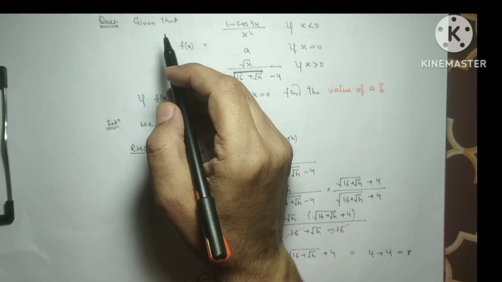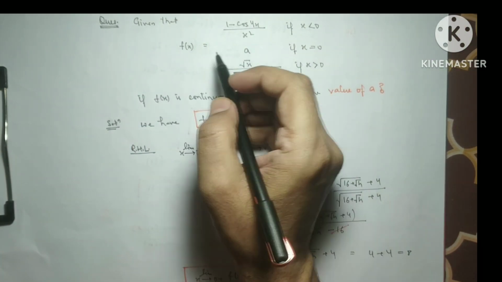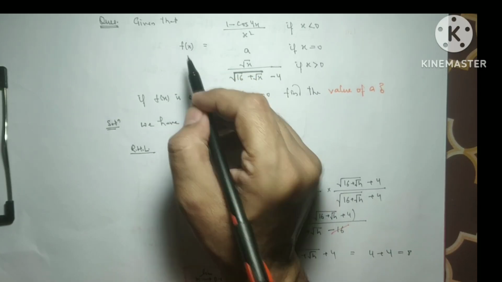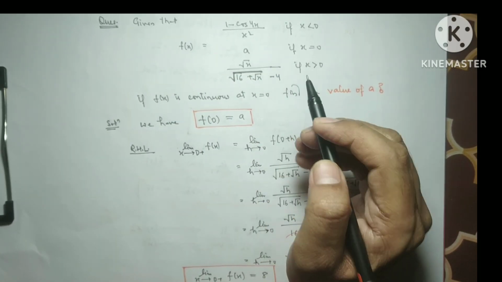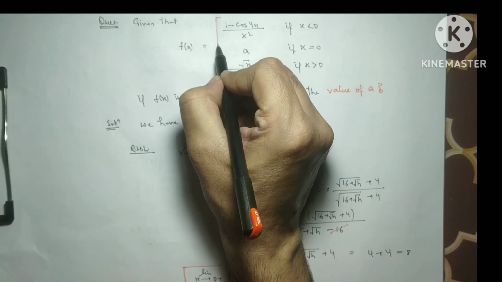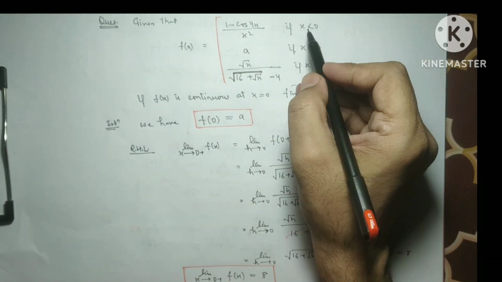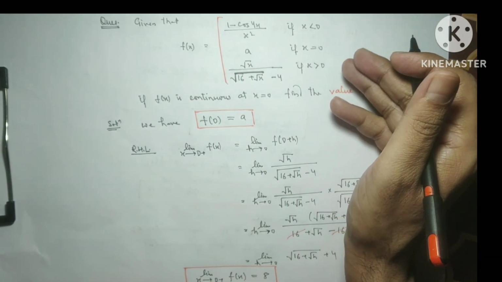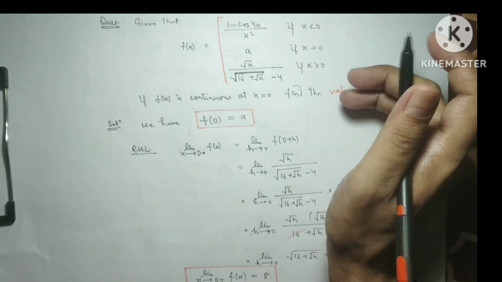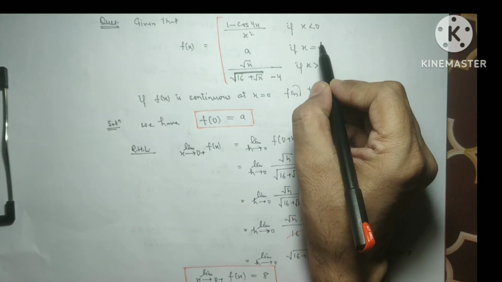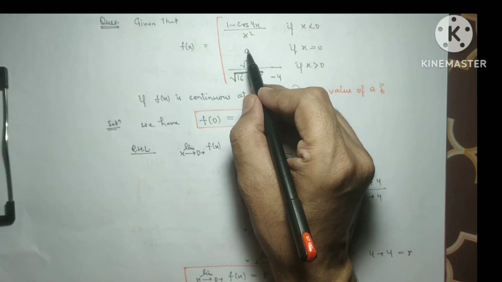Next question. It is given that this function has three definitions at point x equals 0 and its neighboring points. When x equals 0, the function gives the value a.